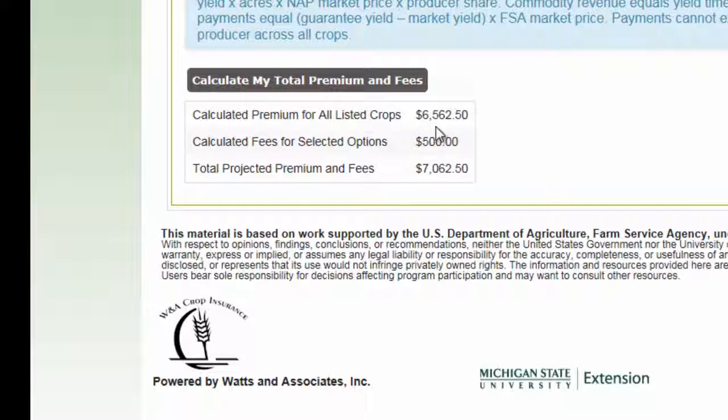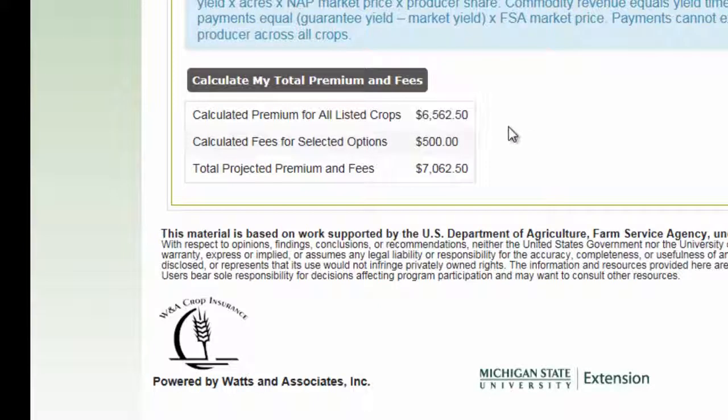You notice here the premiums for all crops is listed as $6,562, and what that means is that is the maximum we've talked about a couple times, which is 5.25% of the $125,000 maximum. When we look at fees, we look at $500 because that's $250 per crop, and that is owed still for each crop.